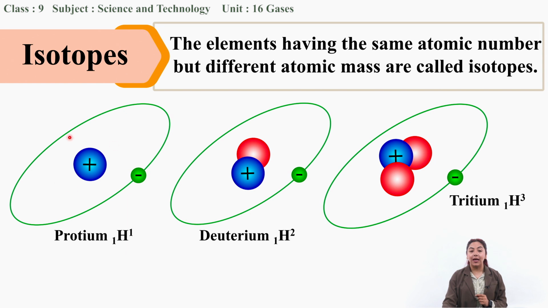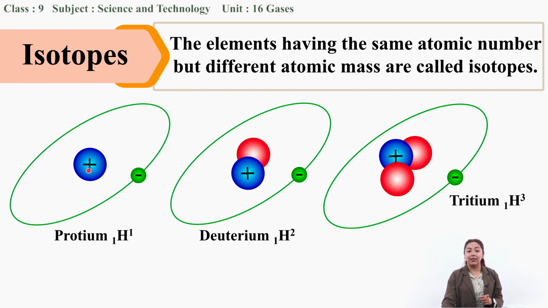Protium has one proton, deuterium also has one proton, and tritium also has one proton, which is represented by blue color here. So all of these three elements have the same atomic number, that is 1, 1 and 1. Now atomic mass is the sum of the protons as well as neutrons contained in the nucleus of the single atom, and here neutron is represented by red color.